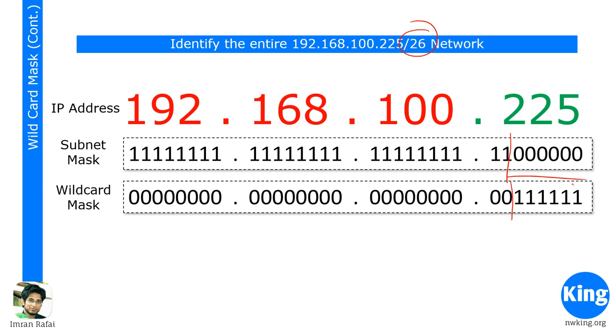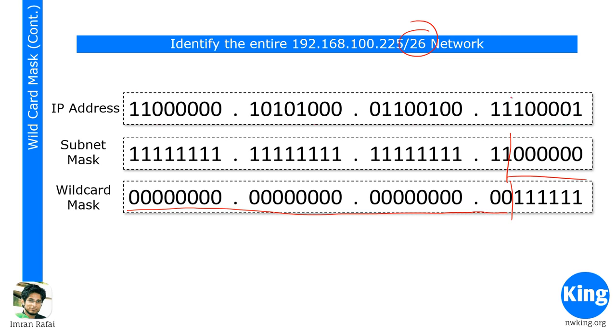Now, like I explained in the last video, what wildcard mask literally means is that wherever you have zeros, it says you have to match that. Wherever you have ones, it says you can ignore. So if I gave this number 192.168.100.225, and let's say you're configuring this in an ACL with a wildcard mask of 0.0.0.63, what is this number?